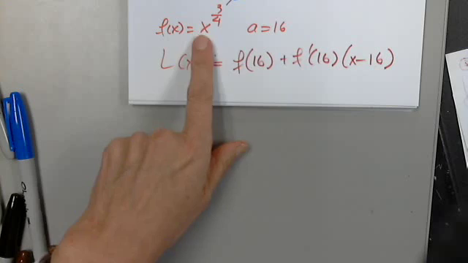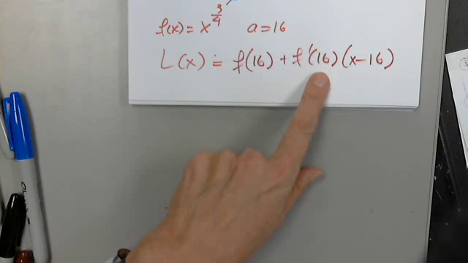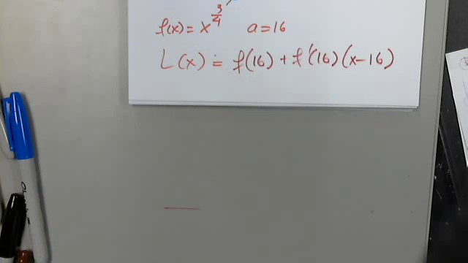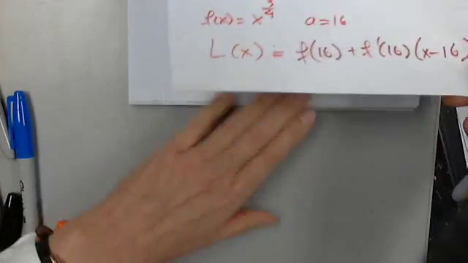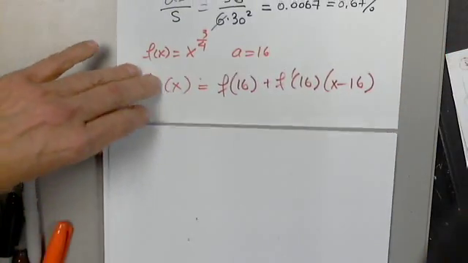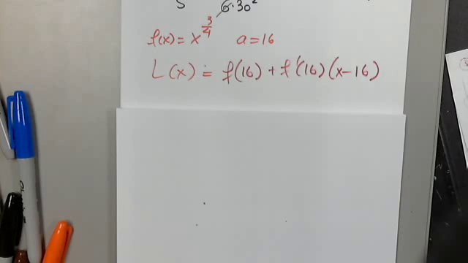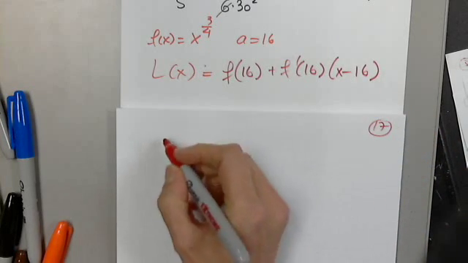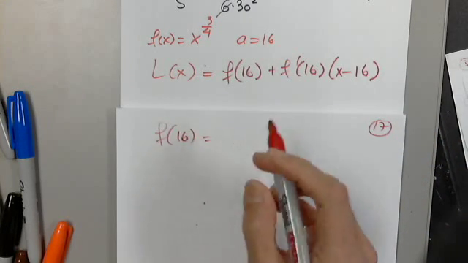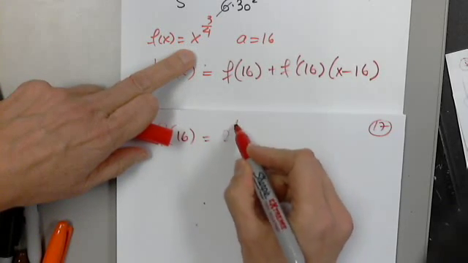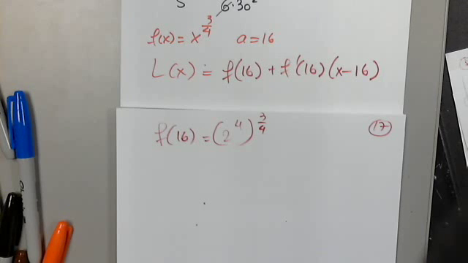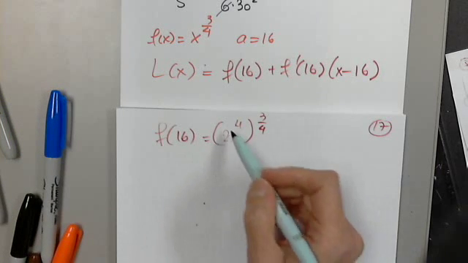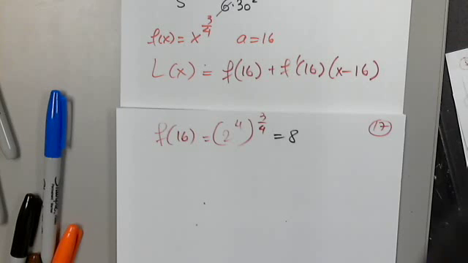I have to plug in 16 in the function and f prime, and then find the linear function that approximates the function near 16, slightly to the left and slightly to the right of 16. So f of 16 will be, I'm going to change 16 into 2 to the 4th, everything to 3/4, because I can simplify and I get 8 without using the calculator.